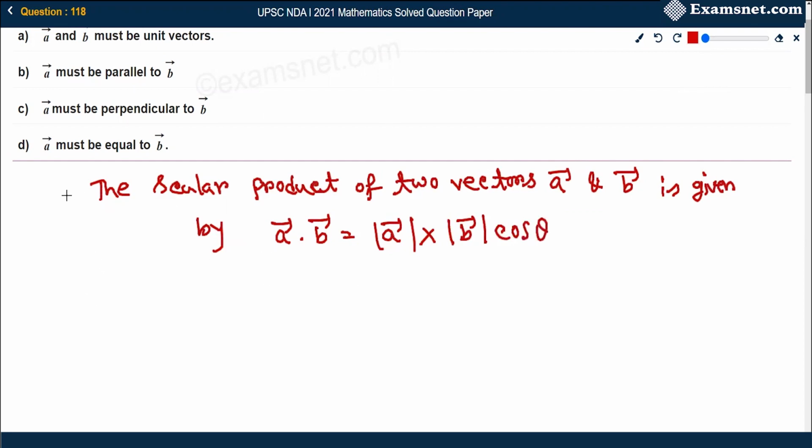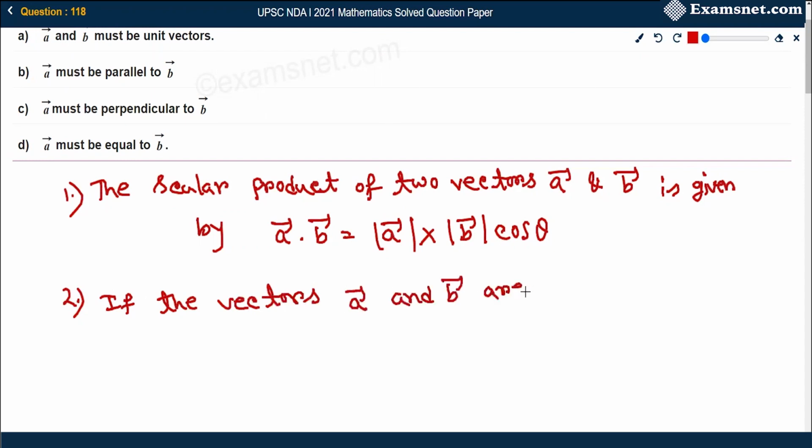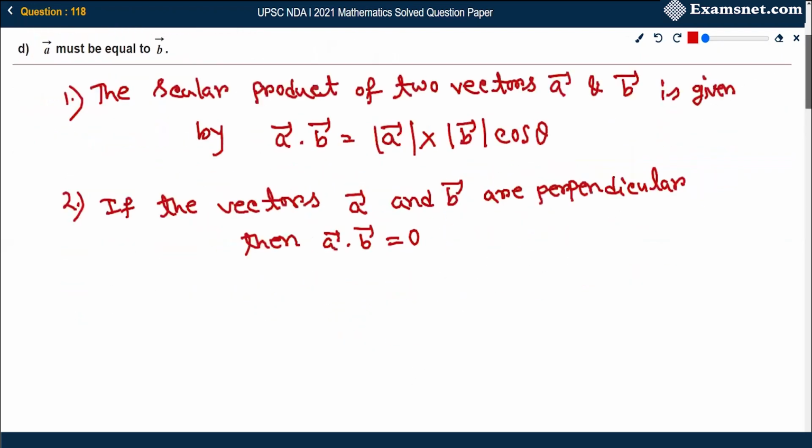Okay, and also if the vectors A and B are perpendicular, then the scalar product of A and B will be 0.